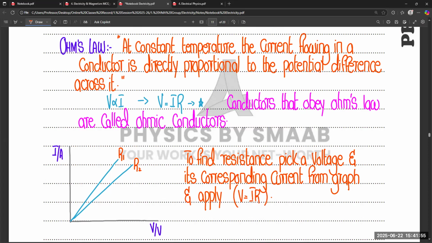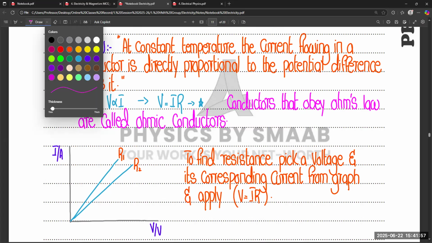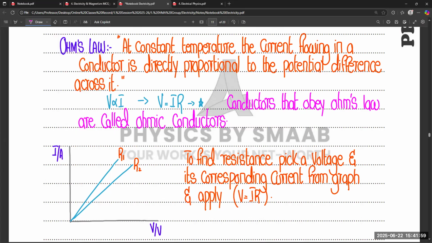So we can select any value. For example, if you want to find out the value of resistance, you can choose any value that will give you the current and the voltage of that corresponding point, and we can find out the value of resistance by using R equals V over I. So this is the concept of Ohm's law and ohmic conductors.